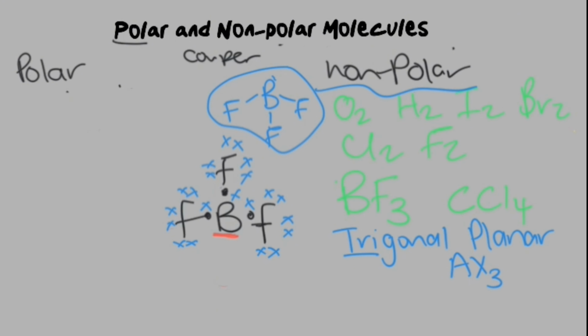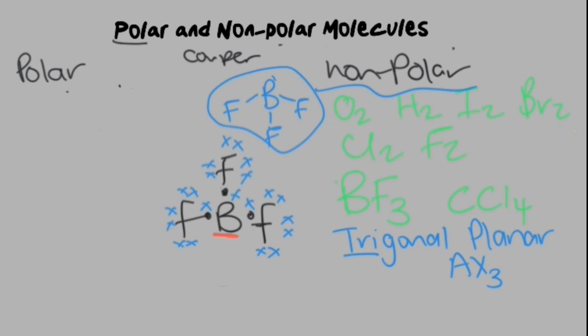Now, ideal shapes and the names come from the VSEPR theory. So I'll try to insert it for you so you can see where it's coming from. But anything that is on the VSEPR theory has no lone pairs on the central atom.